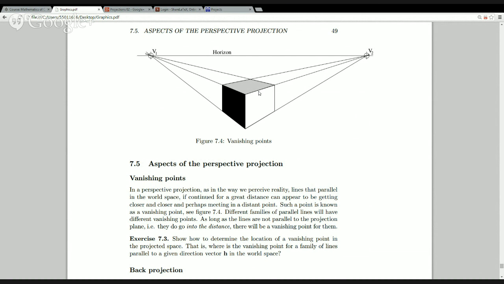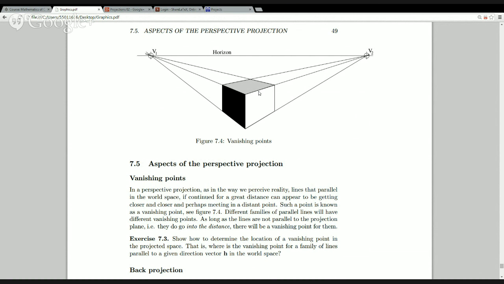All that's important is the direction vector of the line. Where in the environment the line is situated is not relevant for determining what the vanishing point is. But how does that come about? Can we track the calculation that will tell you what the vanishing point is given the direction vector?